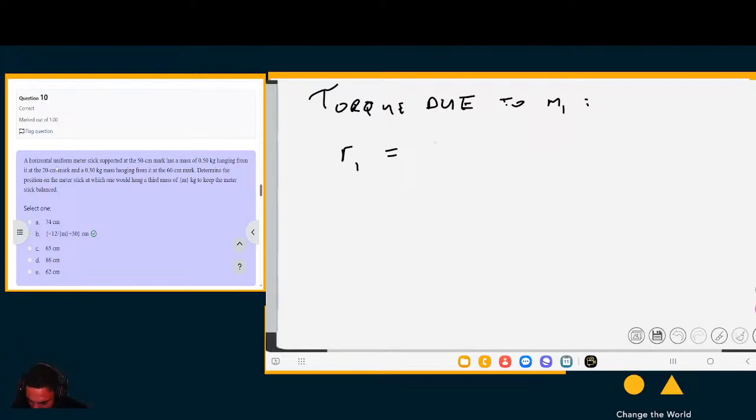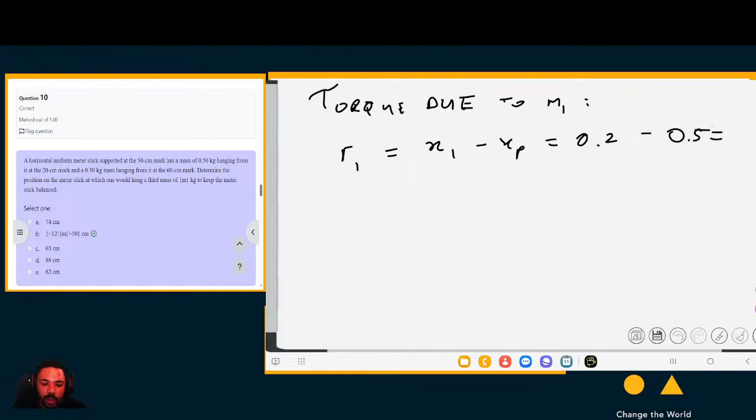So we calculate the distance from the pivot point. So it's going to be x1 minus the pivot point. X1 is the 20 centimeter mark, so 0.2 meters, minus the pivot point xp, that's 0.5.